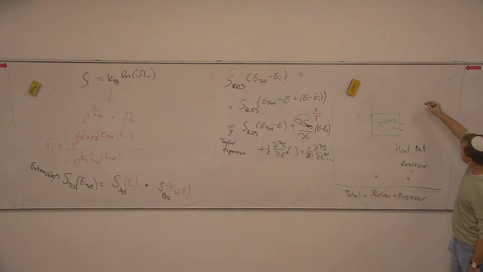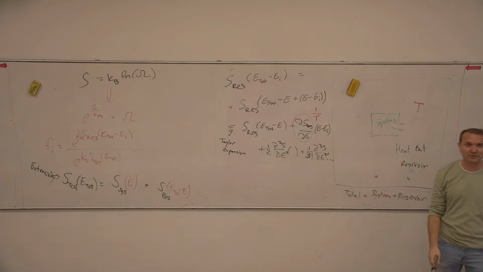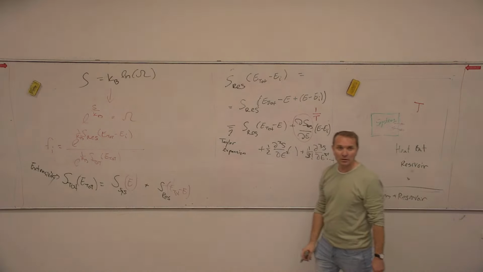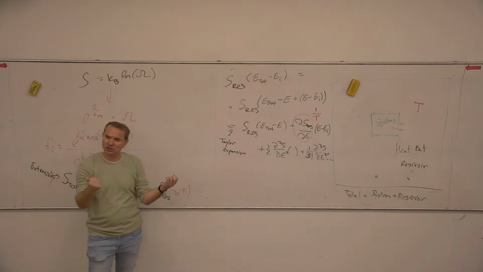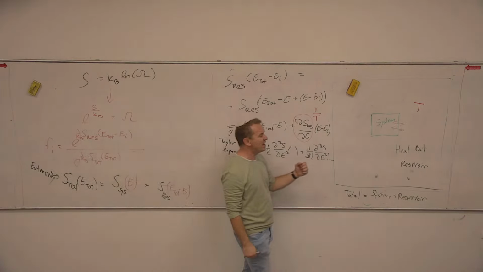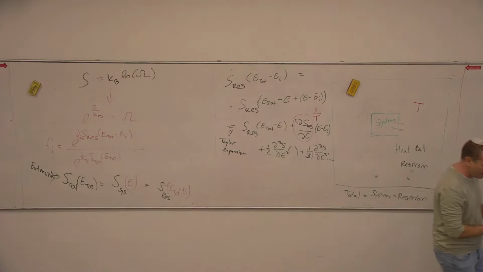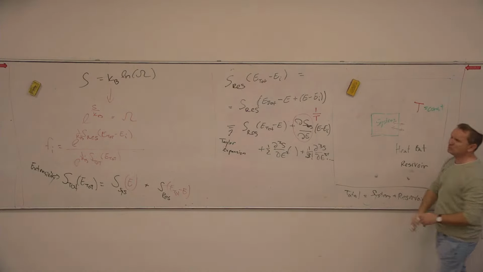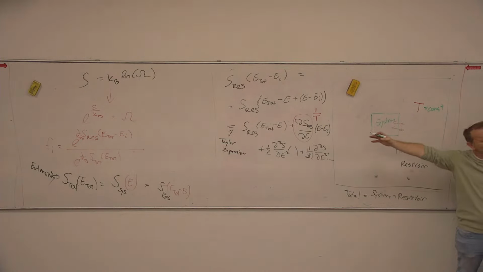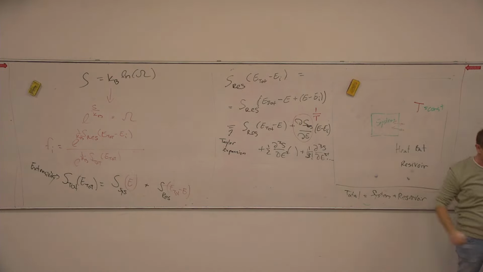You say the reservoir has a constant temperature T. Whatever we do, there is an exchange of energy between the system and the reservoir, but the temperature stays constant. Usually you say, well, my heat bath is enormous, it's the size of the universe, right?